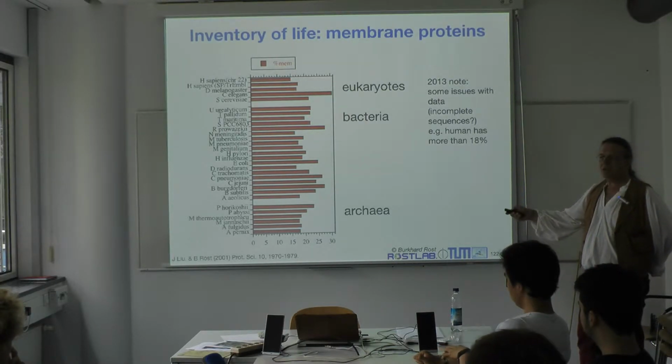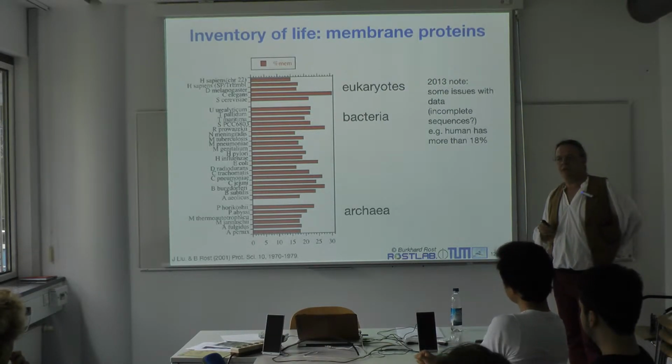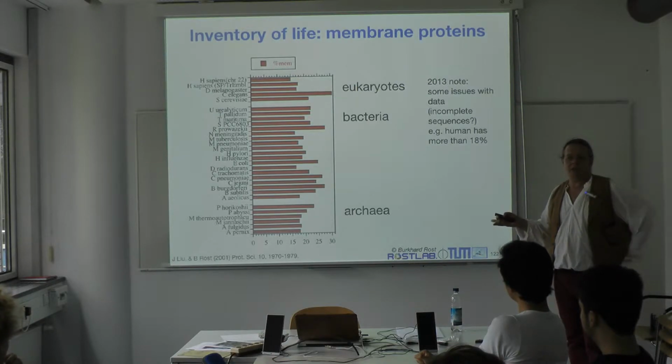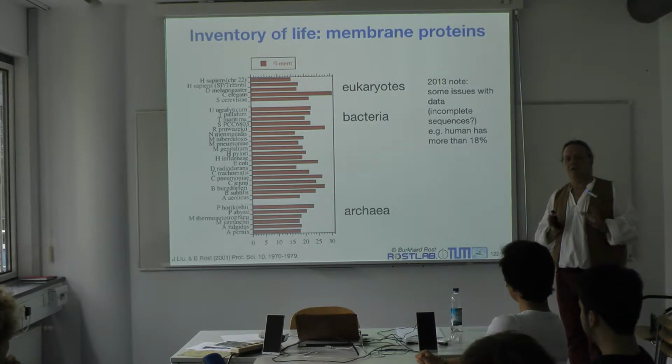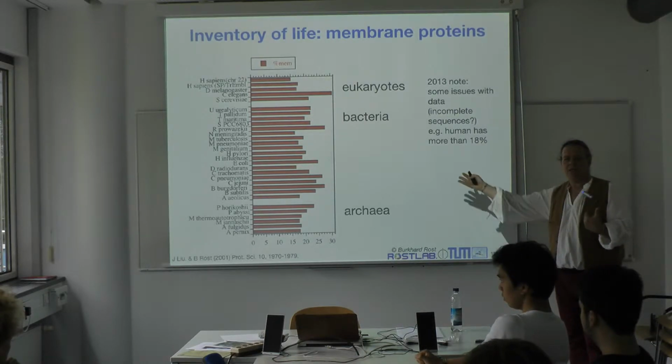So we clearly do not see a difference in the membrane composition. And you may argue this is understandable, because after all, everybody has the same reason to let some stuff get in and some stuff get out, and it's a similar fraction.